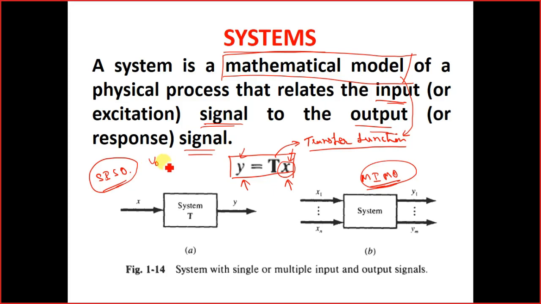The output V0 is given by (1 plus R2 by R1) multiplied by Vin. Vin is nothing but the X, V0 is nothing but the Y, and this relationship, 1 plus R2 by R1, is the transfer function of the system.